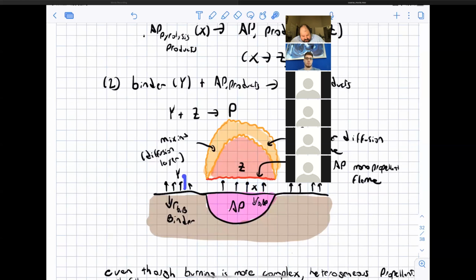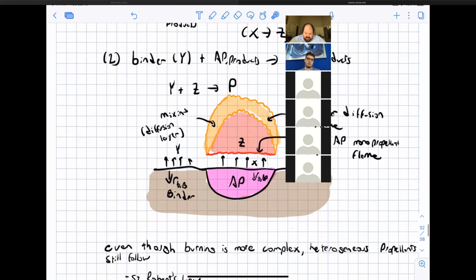Then leaving the surface of the binder, we have the binder pyrolysis products Y, which are fuel rich. So we have a fuel rich region here and an oxidizer rich region here, and these two are allowed to burn. And where they basically mix, they burn to form a non-premix style diffusion flame of AP products and the binder products.